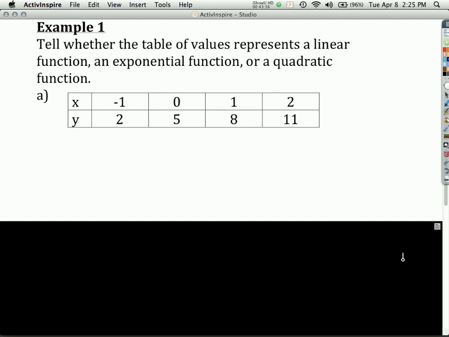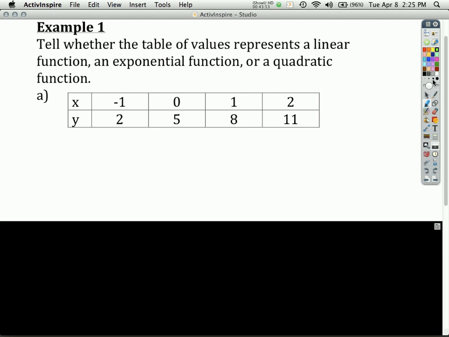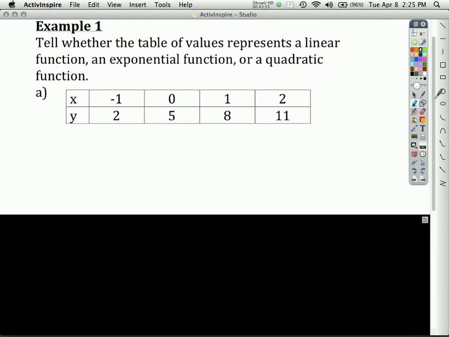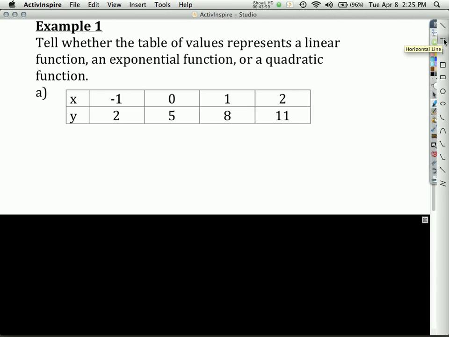And now I'm going to teach you how to do something that you've never done before. There is a way to analyze the table by looking at a relationship between the y values only.